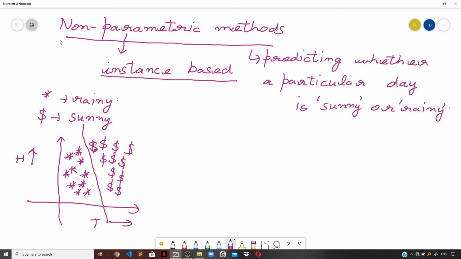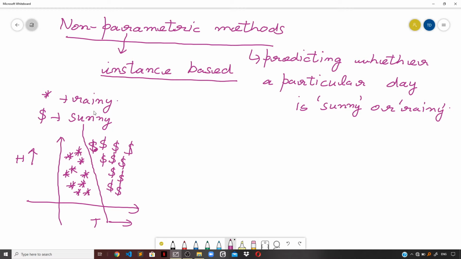That is why it is called non-parametric and instance-based, because you will be using all the instances that you have in your training data. So in the end, we are not going to get some functional form. What we are going to get is that we are iteratively using all the instances that we have in the training data again and again to predict for new values. And that is why this is known as an instance-based method.